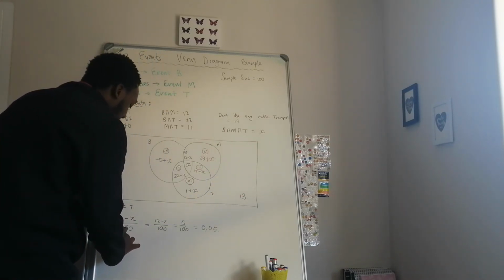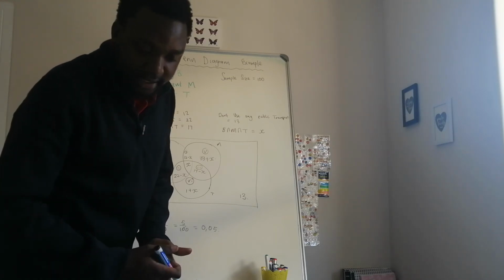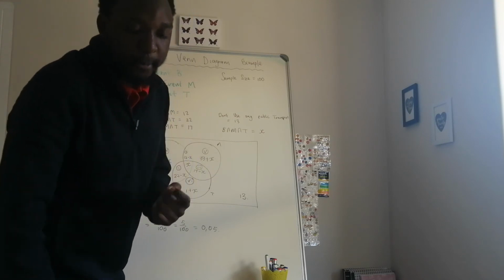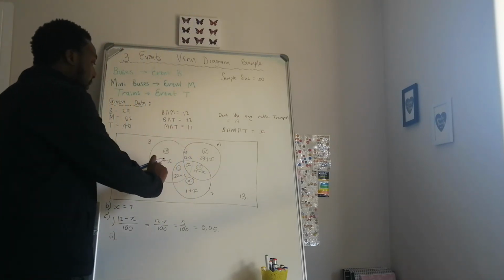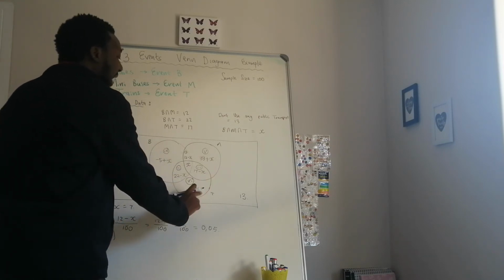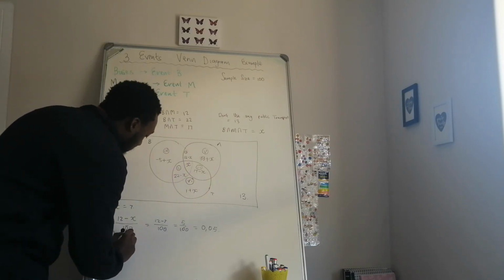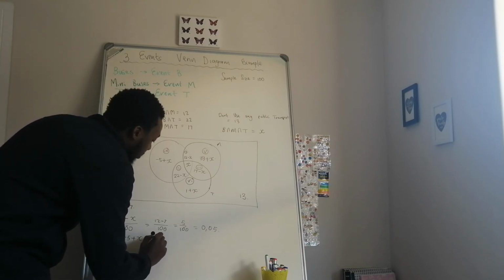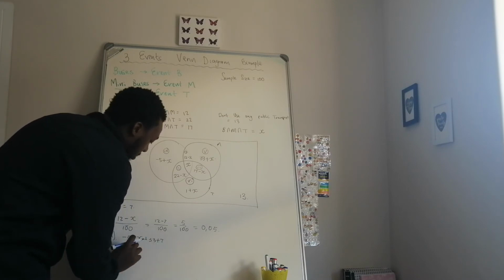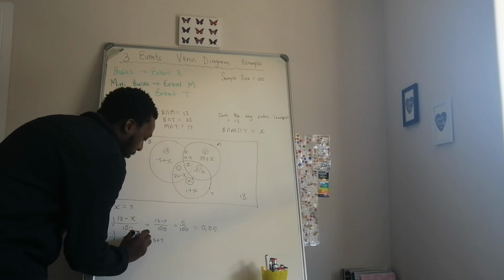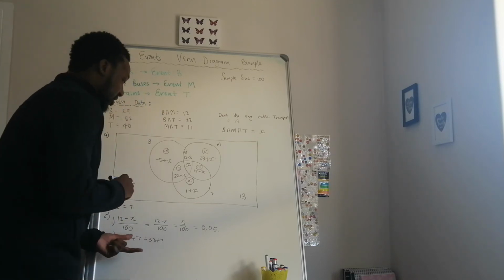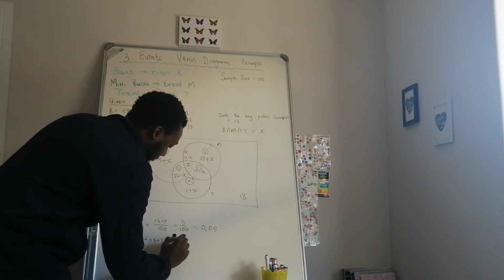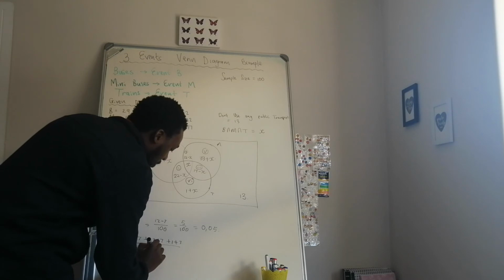Number 2 of C, we're asked to find the probability that the learner uses only one mode of public transport. One mode of public transport is that one, and that one. So you add all of those things. It's -5 plus x plus 33 plus x. Or let me just go with 7 already, because I already know what my x is. So let me just substitute 7 to cut some calculation time. Over 100.